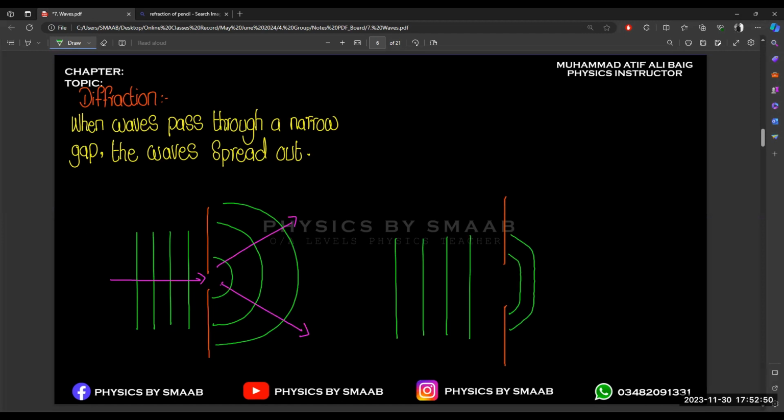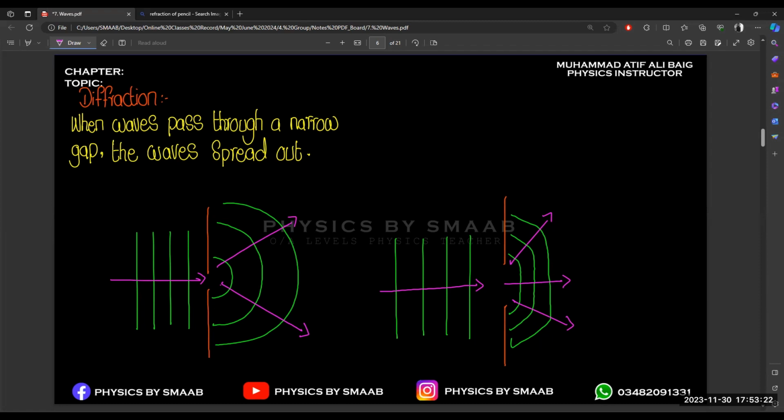Because from the center part, waves are moving in a straight form, but from the edges, their shape will again spread out as compared to the initial situation, right? So the center part is moving straight, but from the edges, they are moving in an outward direction.